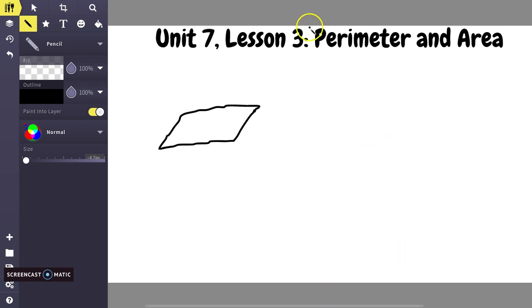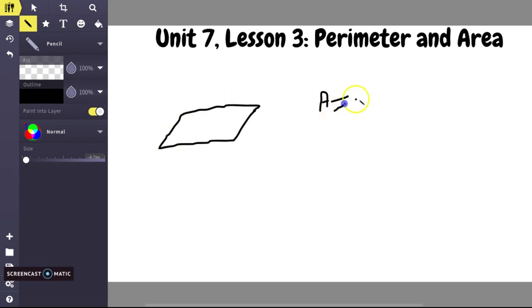So, for a parallelogram, we already know for every single shape, perimeter is just going to be the sides. So we're just right now talking about area. So area is going to be base times height because it's still a quadrilateral. So we know what the base is. That's just this. But you might be thinking, what's the height?